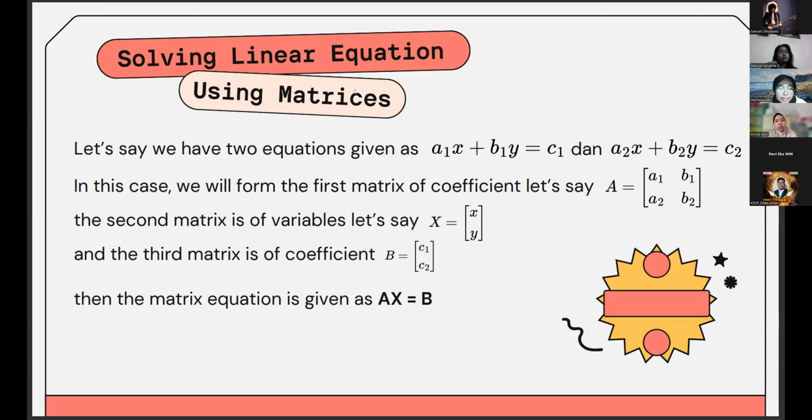So for the example here, let's say we have two equations given as a1x plus b1y equals c1 and a2x plus b2y equals c2. In this case, we will form the first matrix of coefficients, then the variable matrix, and then the constant matrix. Then the matrix equation is given as AX equals B.